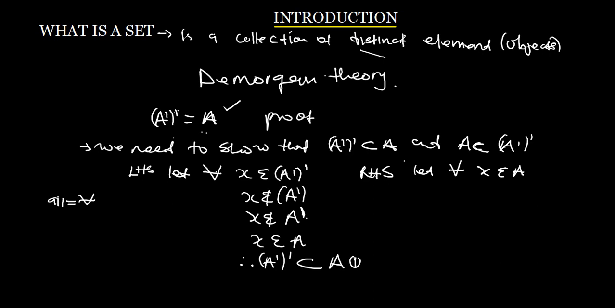Since we are starting from there, x will not be a member of A complement. Why? At first it was given as a member of just A. So x now will be a member of (A complement) complement.